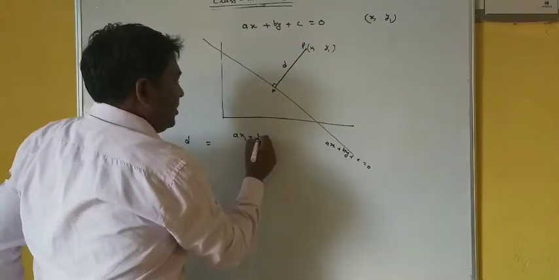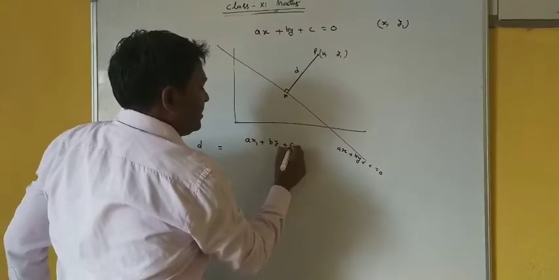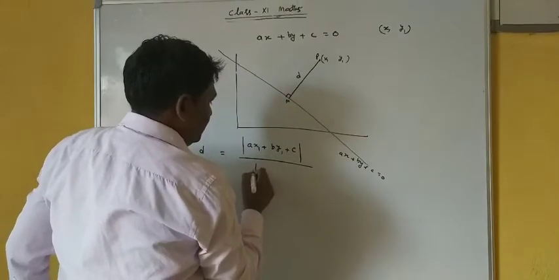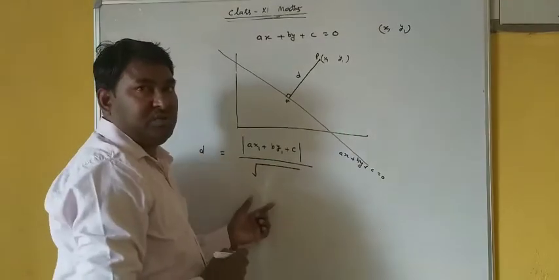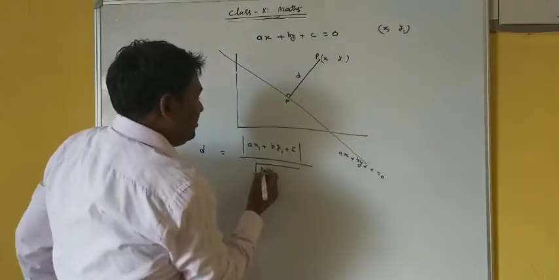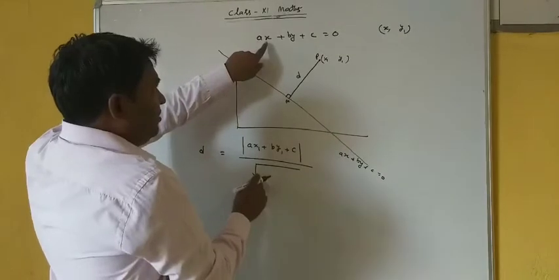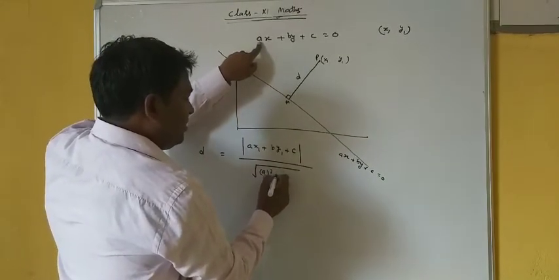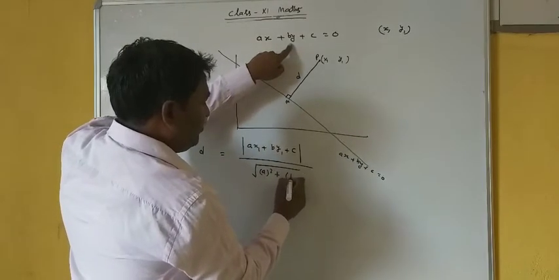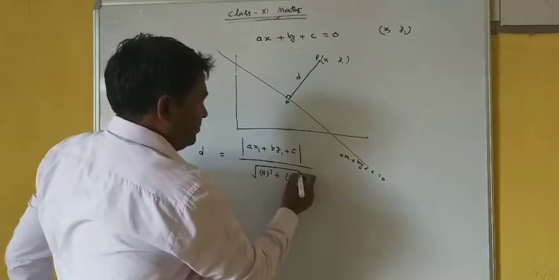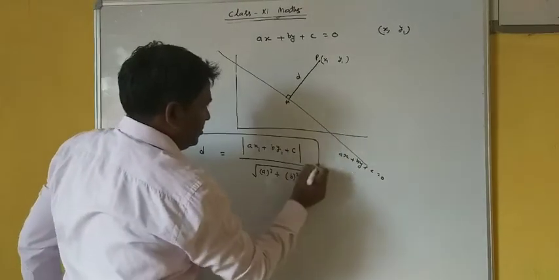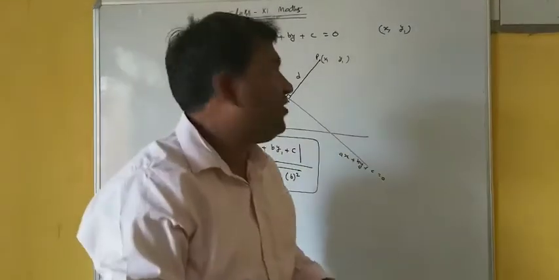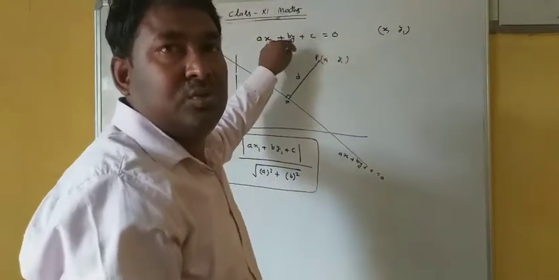So |ax1 plus by1 plus c| in magnitude, since the distance can never be negative, that's why I am taking the magnitude, divided by the square root of a square plus b square, where a is the coefficient of x and b is the coefficient of y. So this is the formula to calculate the perpendicular distance from a point to a line.